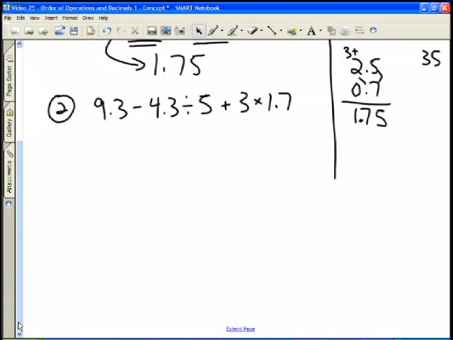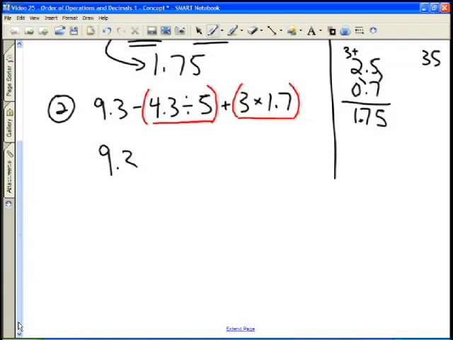So now I'm going to underline in red what I've got to look after first. I've got to look after the 4.3 divided by 5 and the 3 times 1.7. You could really think of these as being in brackets if you wanted to, because we know we have to do those first. So I'm going to go ahead and do those.